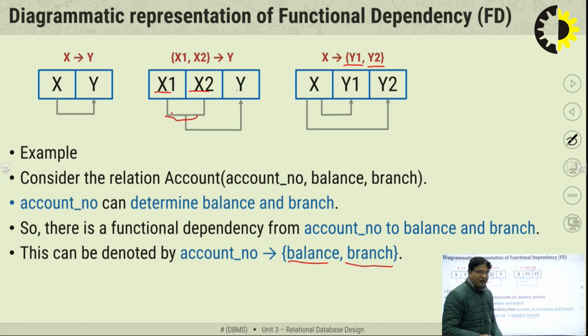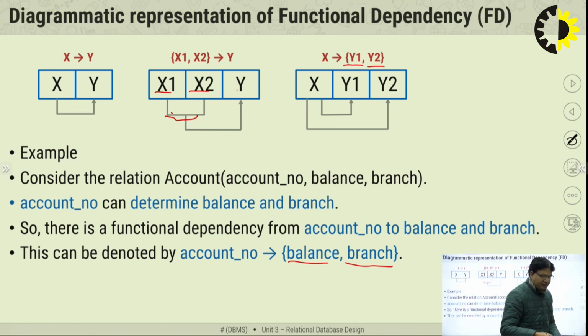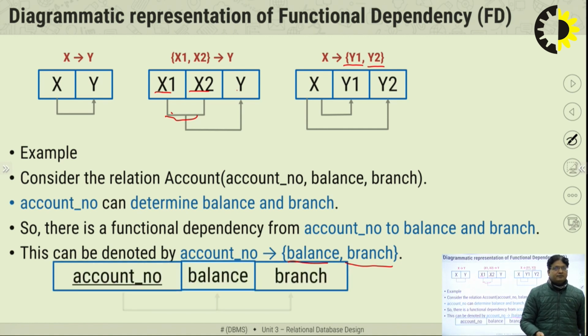So, we can say that FDs are the attributes which show relationship with other attributes of the relation. They are the prime determinant in any relation. This is the diagrammatic representation: account number determines balance as well as branch.